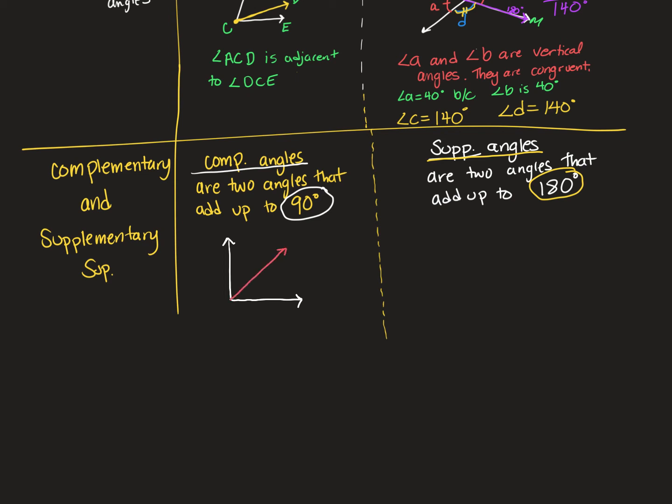So let's pretend that we have angle X, Y, Z, and W. Let's say that angle XYZ is 45 degrees, and ZYW is also 45 degrees. 45 plus 45, if you didn't know that, is 90 degrees.